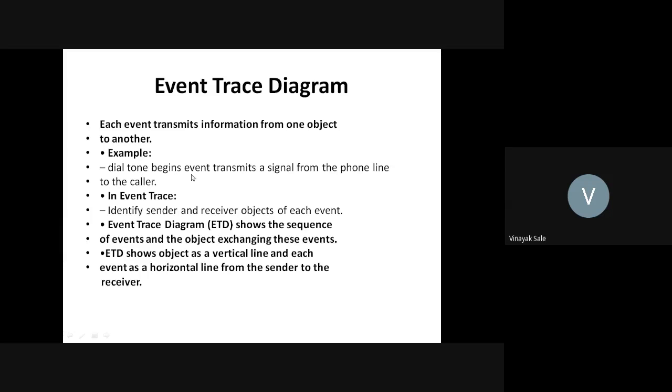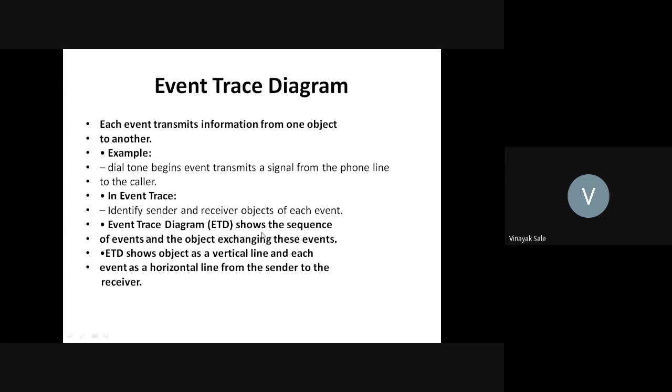The dial tone begins event transmits a signal from the phone line to the caller. The phone line is one object, the caller is another object. So the phone line gives the dial tone signal to the caller. That is the event. So in an event trace, identify the sender and receiver objects of each event.